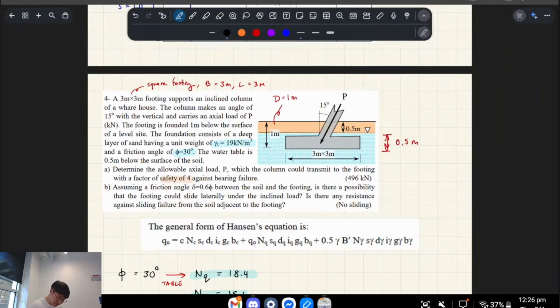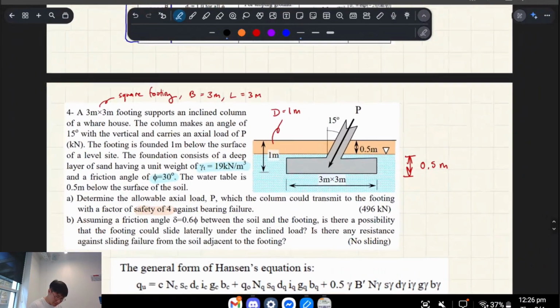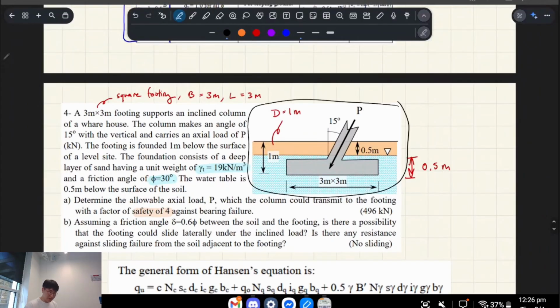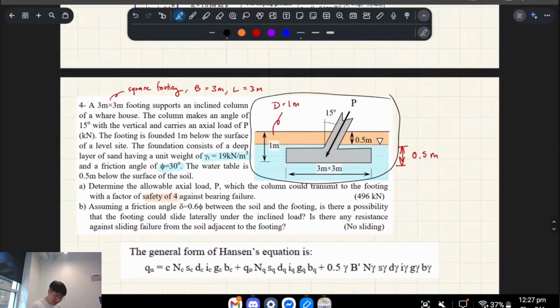Question 4: what we've got here is an inclined column, so we have P coming in at a certain angle, and we have a square footing. Where does it say that?